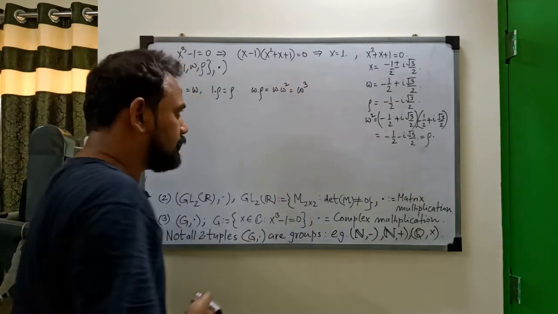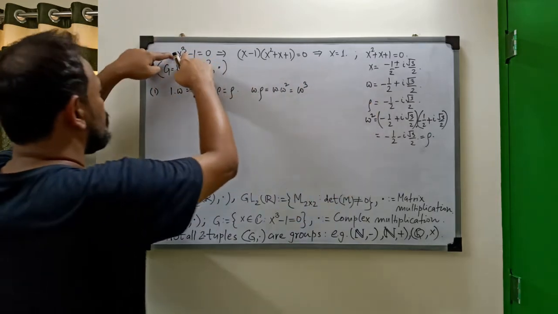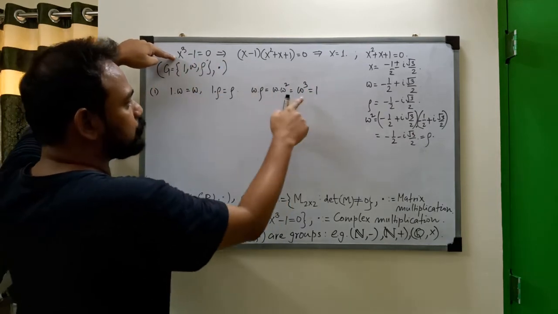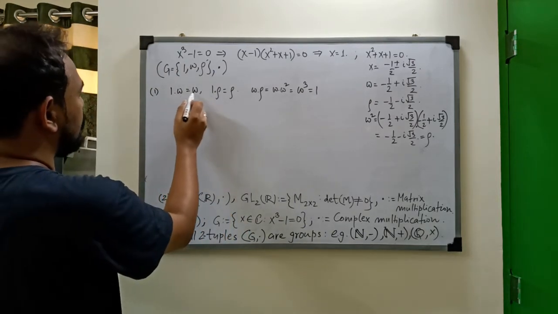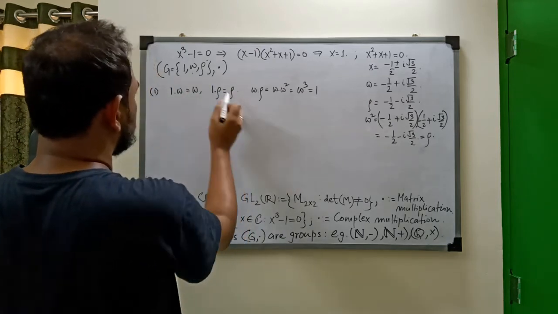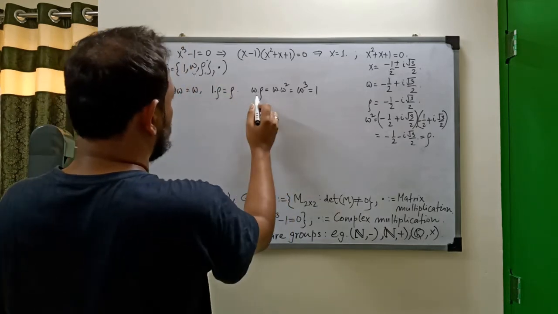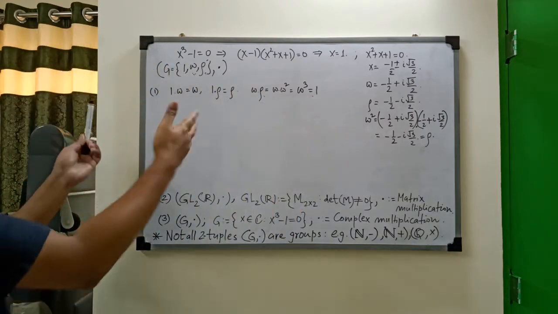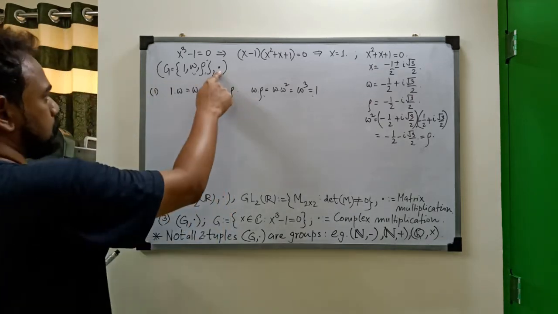And because omega is a root of this, omega cubed must be equal to 1, since omega cubed minus 1 is 0. So you see, these are closed because 1 times omega is an element of G because omega is an element of G. 1 times rho is an element of G because rho is an element of G. If you product omega and rho, it is an element of G because 1 is an element of G. So just by working this out by hand, you can show that it's a closed set with respect to this operation.